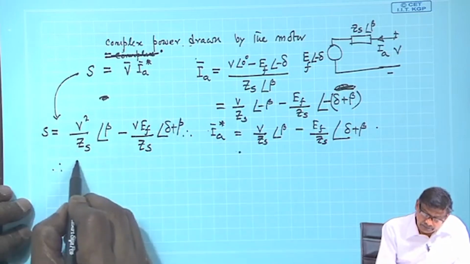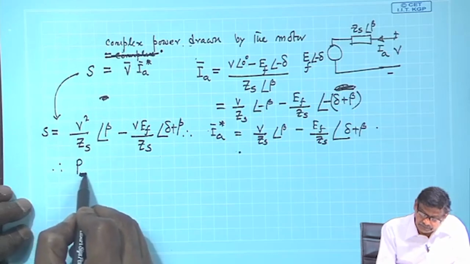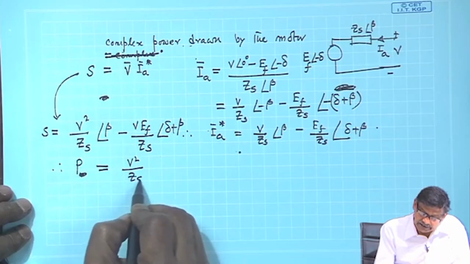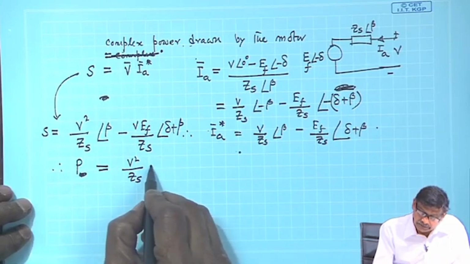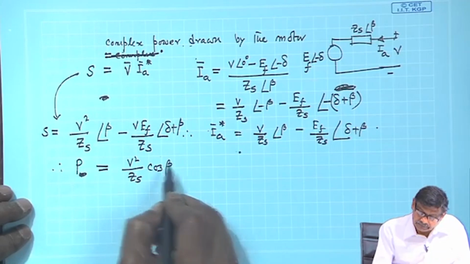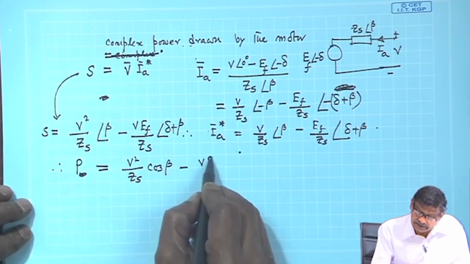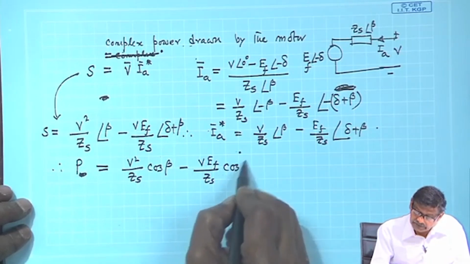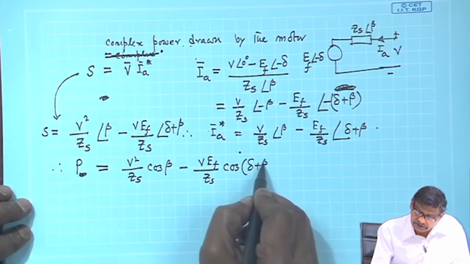Therefore, real power drawn by the machine, the P part, will be V square by Z s into cos beta minus V E f by Z s cos of delta plus beta.